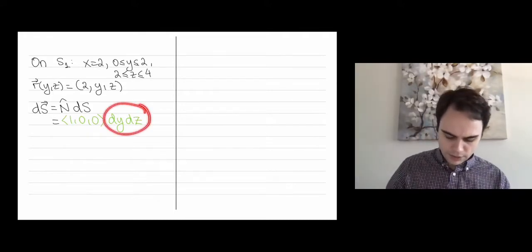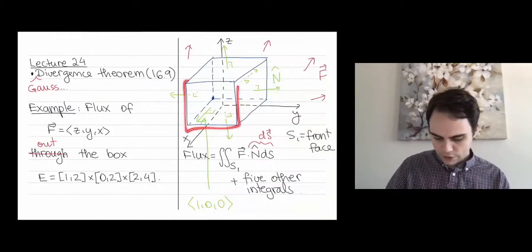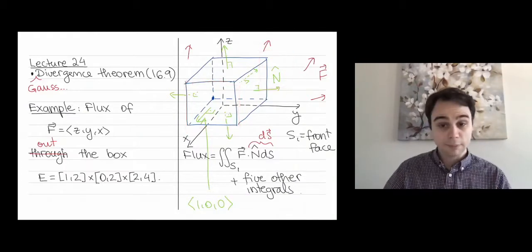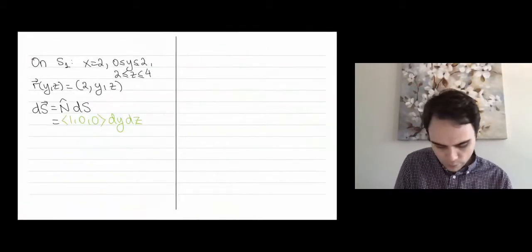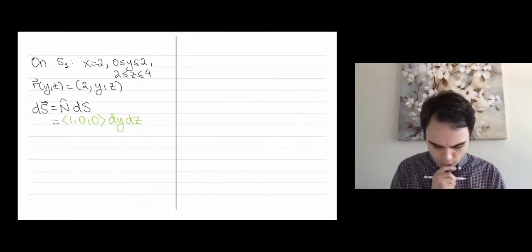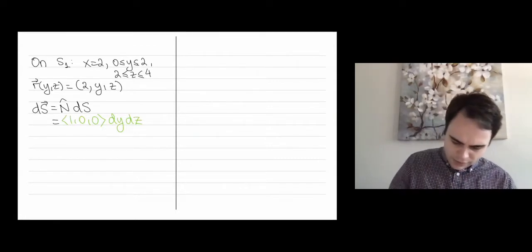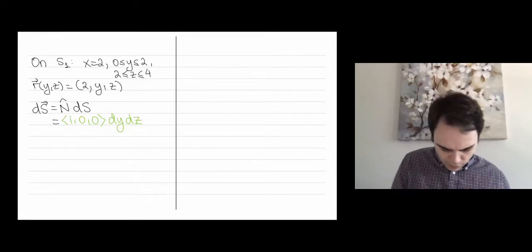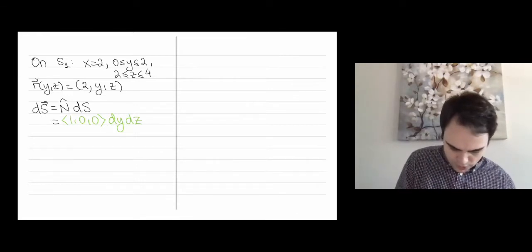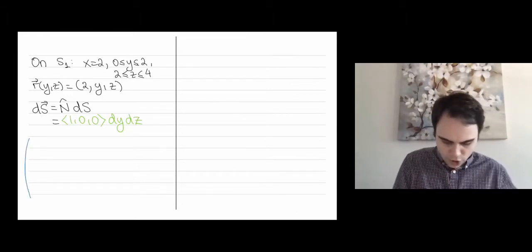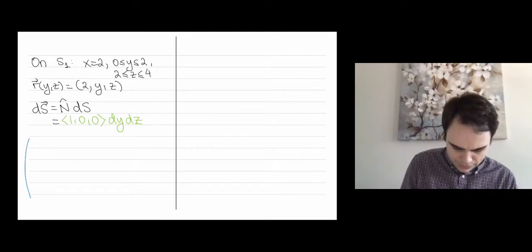The area element in this plane over here is the same as the area element in the YZ plane. That's dy dz, and then the normal is this. Good. Okay, so let me just do a parenthetical observation over here. I could have gotten this with the formula from last time. Last time I told you we were working with these cross products. So we have the two partials of R, like this, right?